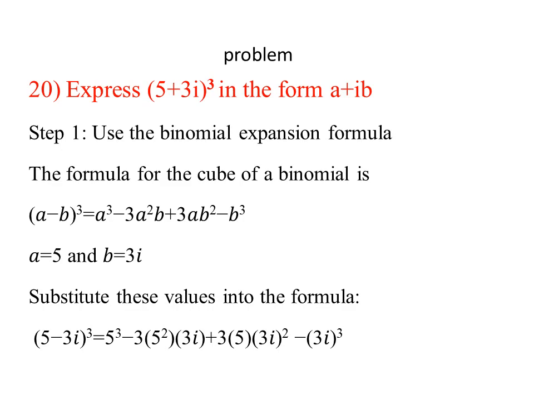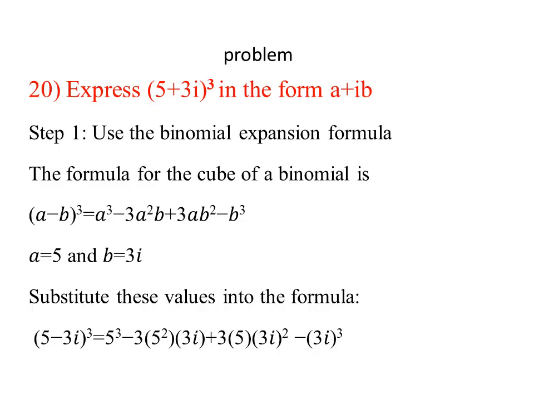That is, in step 1, we use the binomial expansion formula. The formula for the cube of a binomial is (a - b) whole cube is equal to a cube minus 3a square b plus 3ab square minus b cube. Here in this, a is equal to 5 and b is equal to 3i.